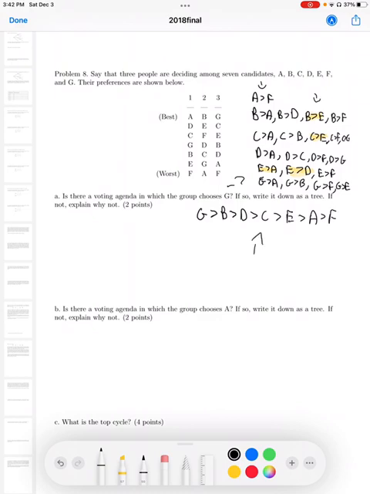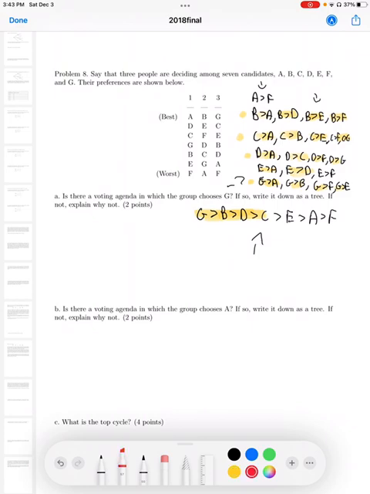The way I chose these was I just looked at which candidate dominates over more candidates. So B dominates 1, 2, 3, 4 people. C dominates 1, 2, 3, 4 people. G dominates 1, 2, 3, 4. D 1, 2, 3, 4. So if you notice, the ones that dominate 4, B, C, D, and G, they're the first ones I chose.